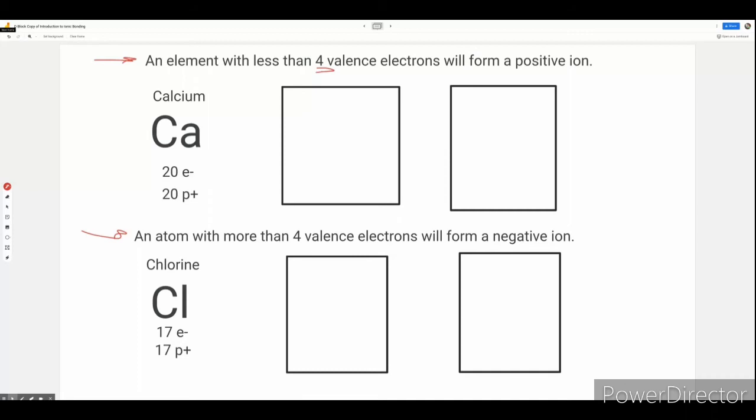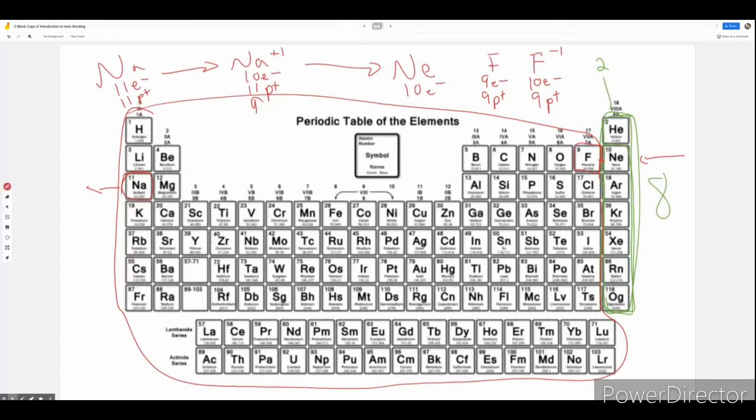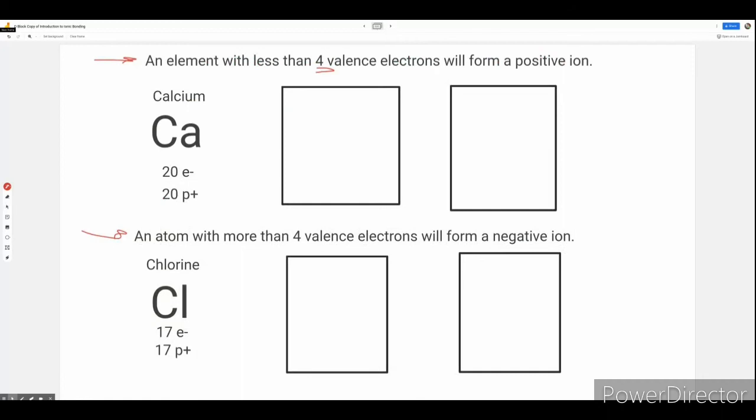So all those elements, like calcium, which starts out with 20 electrons and 20 protons. So it's here, in between krypton and argon. Well, it's a lot closer to argon than krypton in terms of where it is on the periodic table. So it's going to go down to 18 by giving away 2 of its electrons.